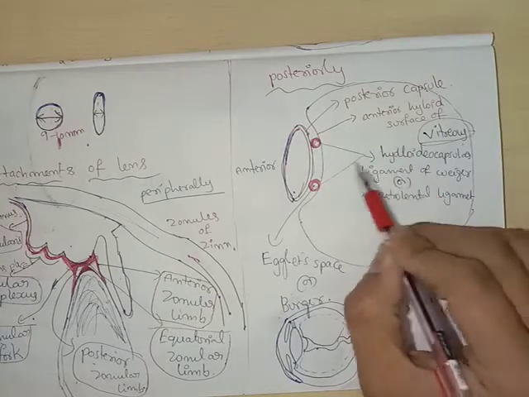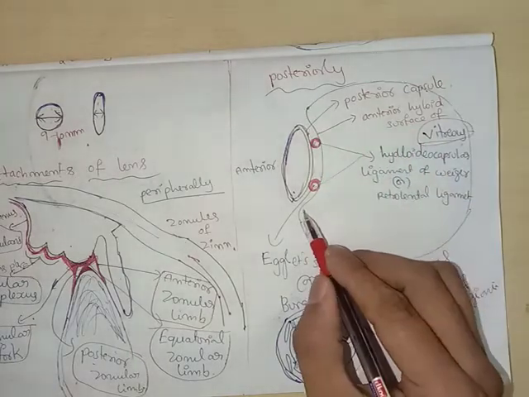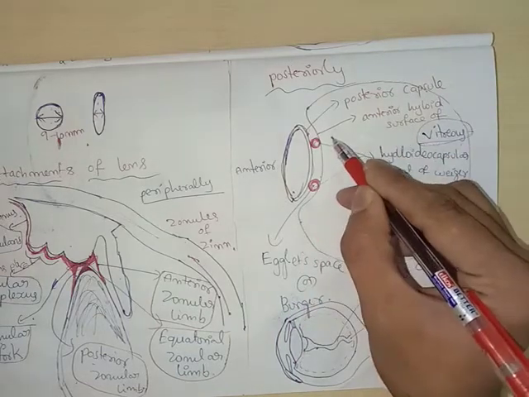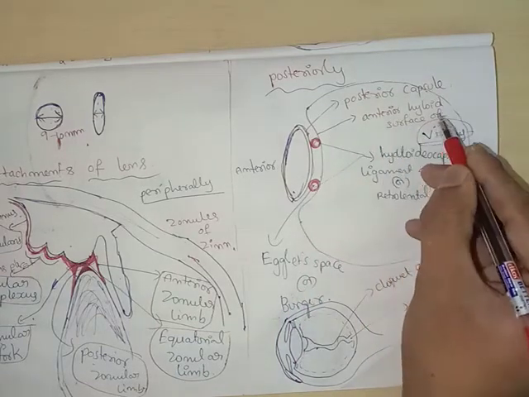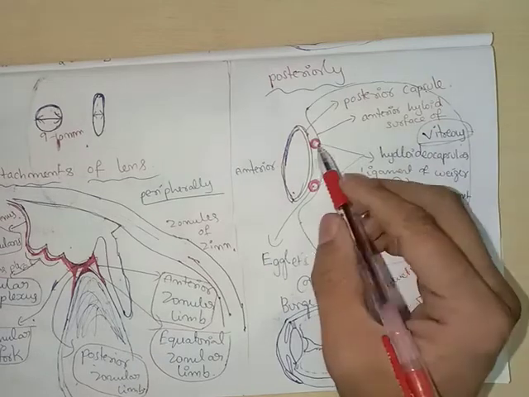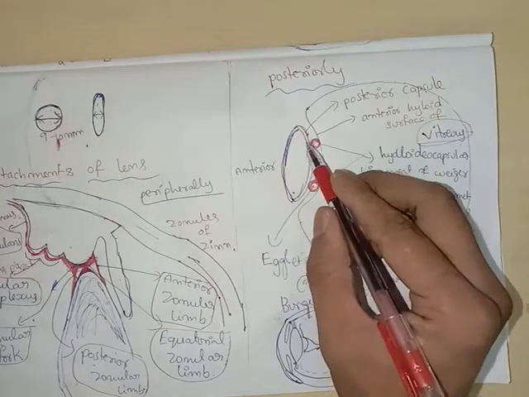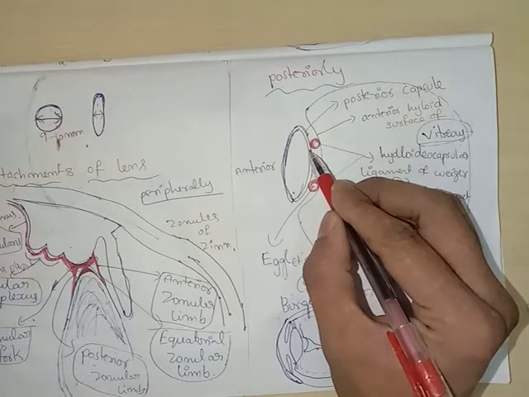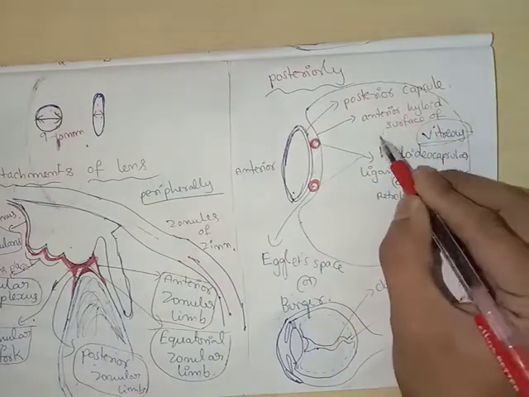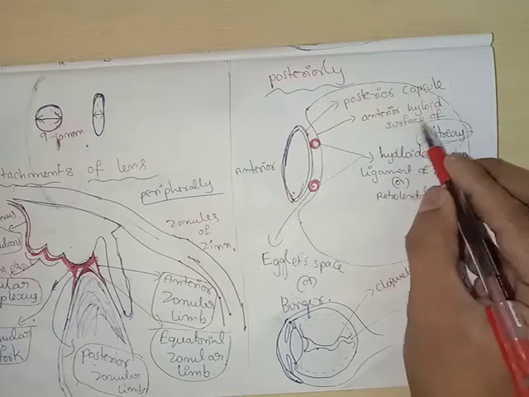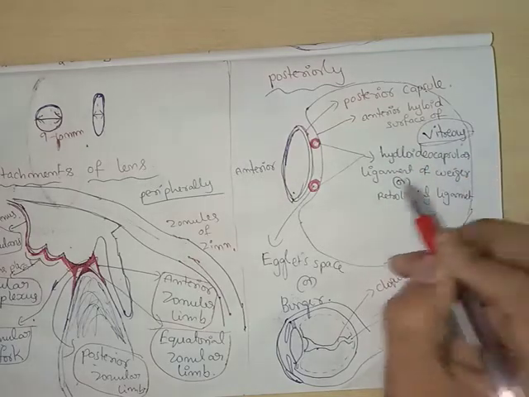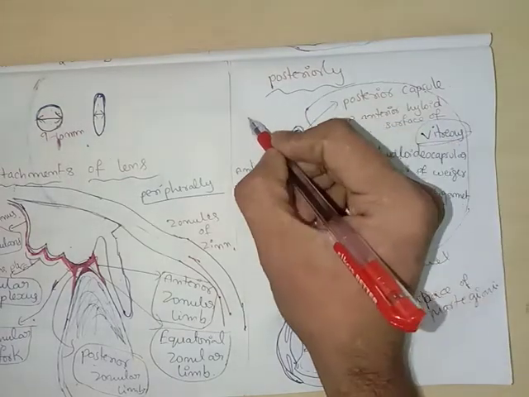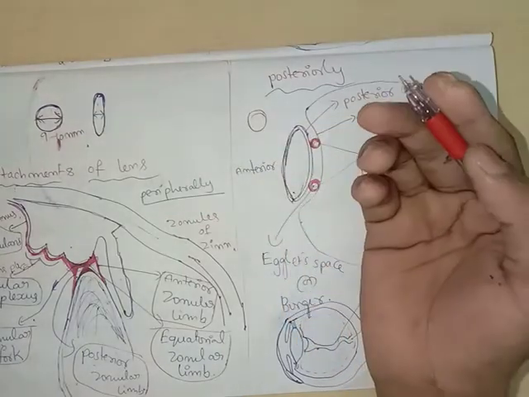The vitreous also has boundaries. On the anterior side we call it the anterior hyaloid surface of the vitreous, and here there is the posterior capsule of the lens. In between the posterior capsule and the anterior hyaloid surface of the vitreous, there are circular adhesions. What is meant by adhesions?